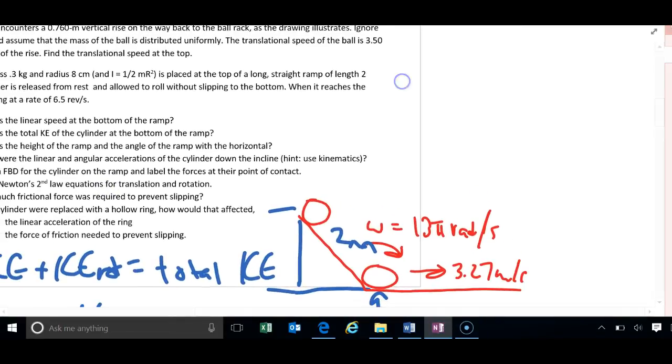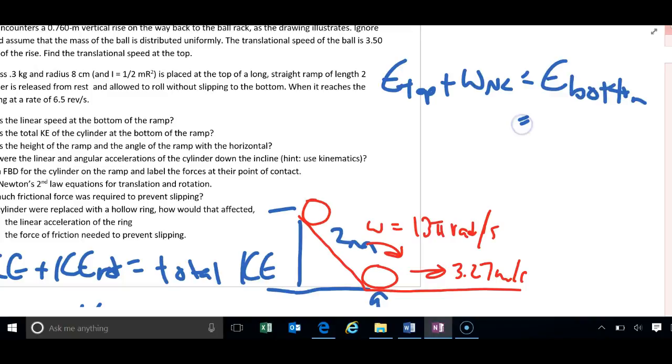So let's say energy at the top plus work non-conservative equals energy at the bottom. We just said at the bottom it's only kinetic energy. And I already found that mathematically is 2.4 joules. The only force is gravity, that's conservative. Rolling friction, which we said is also conservative, so that's not there.